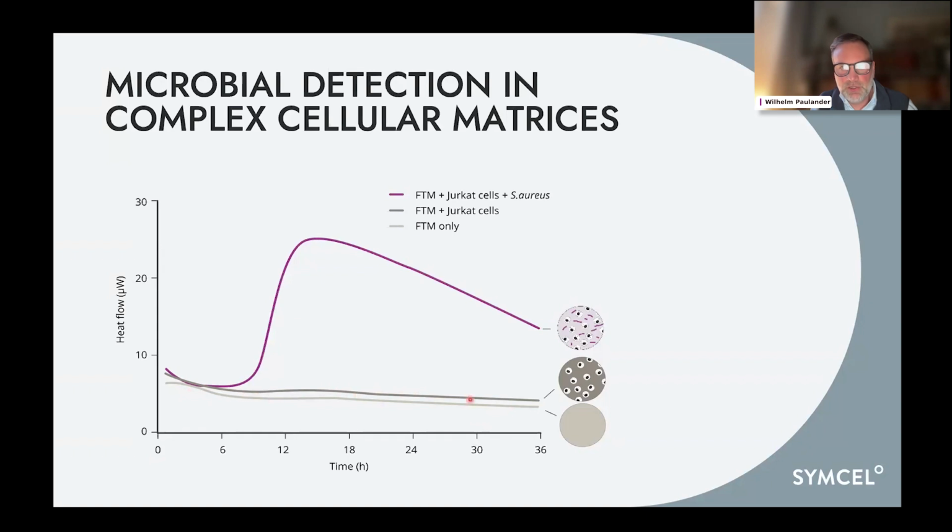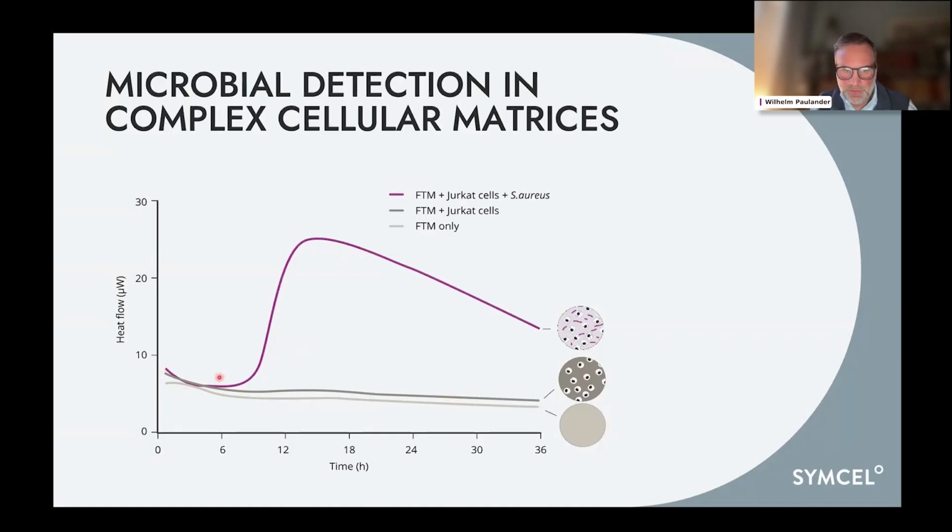You can see growth media only, in this case FDM, in the beige color. In the brown color, you can see FDM and Jurkat cells, 10 to the 6 cells per milliliter. And then you can see the combination of Jurkat cells and Staph aureus in FDM, below 5 CFU with Staph aureus, just to illustrate the kind of detection time of the system.